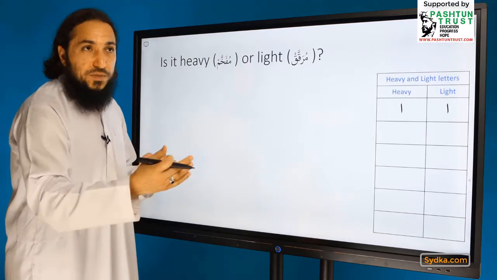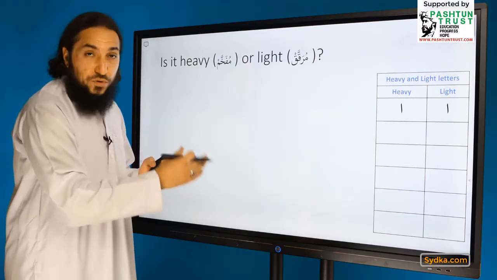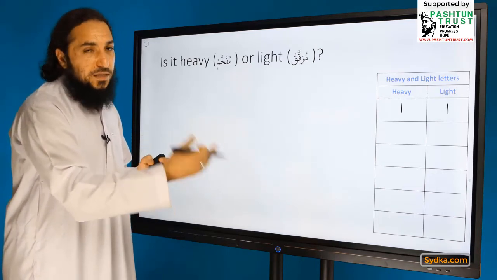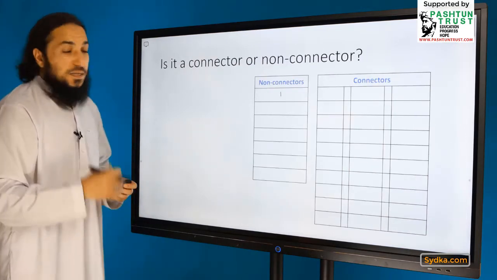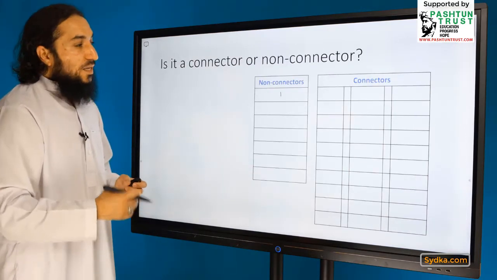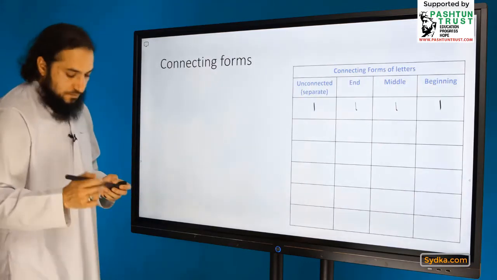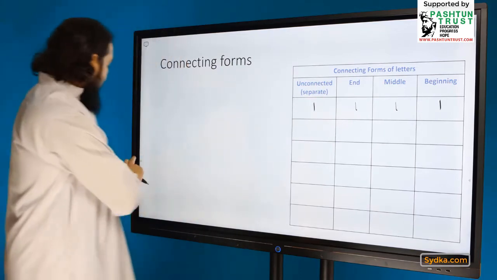If the letter before it is heavy, then the sound of alif would be heavy. But if the letter before it is light, then the sound of alif would be light. Is it a connector or non-connector? It is a non-connector.